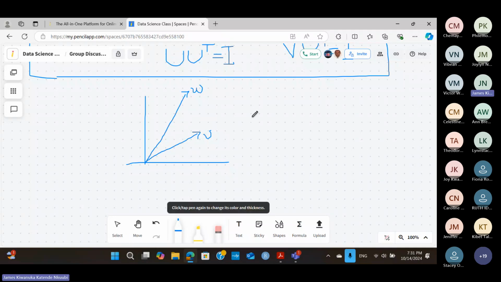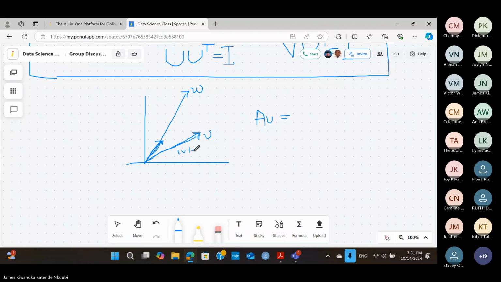Assume there's a matrix that acted on V and moved it to W. Now we are working in 2 dimensions. Let's assume this V is also a unit vector, so the magnitude of V is 1, which is convenient for us. So A acting on V will give me a new vector W.